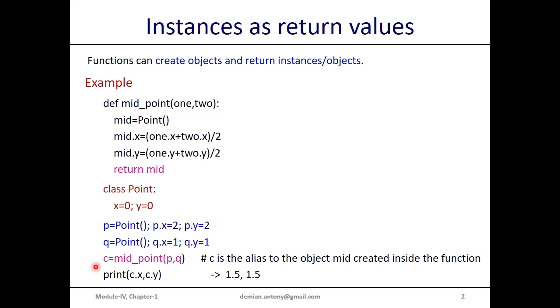Now we can print the values of x and y through the object name C in the main function. We get 1, 1.